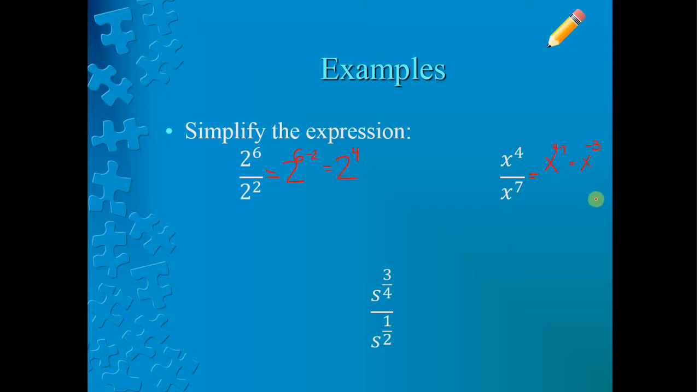Now, remember, you can't have a negative exponent. Those are not professional. So, we technically have x to the negative 3 over 1. We're going to move it to the bottom, so we have 1 on top and x to the 3rd on the bottom. When moving to the bottom, remember, it makes your exponent positive.